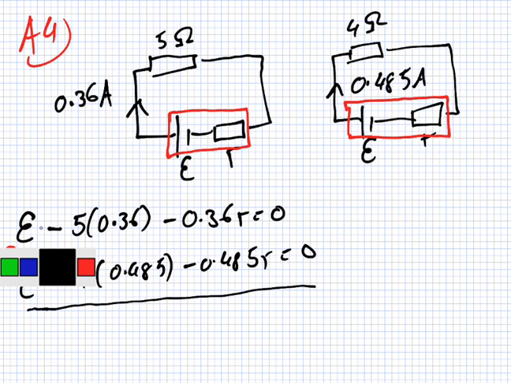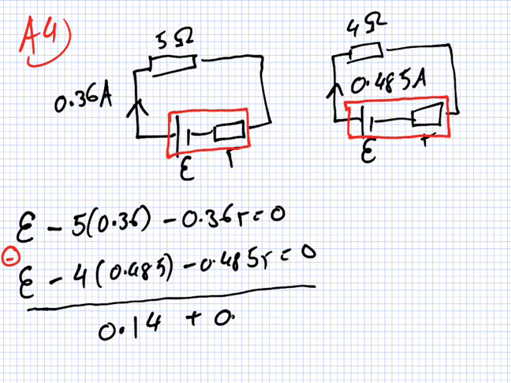So here, if I subtract them, I get 0.14 plus 0.125r equals 0.